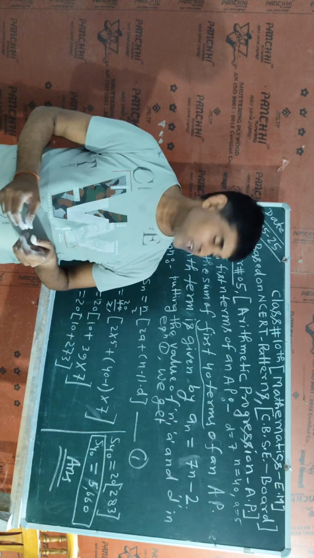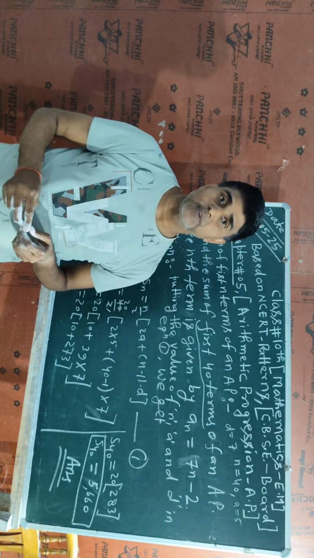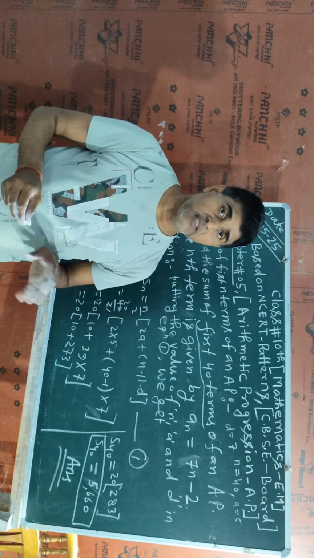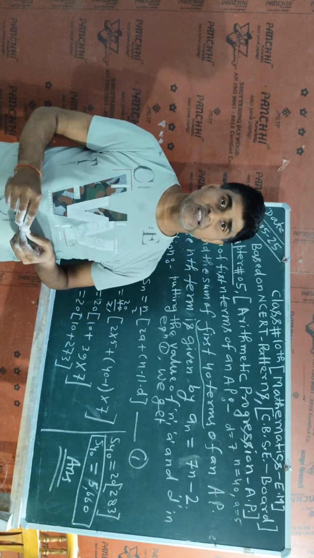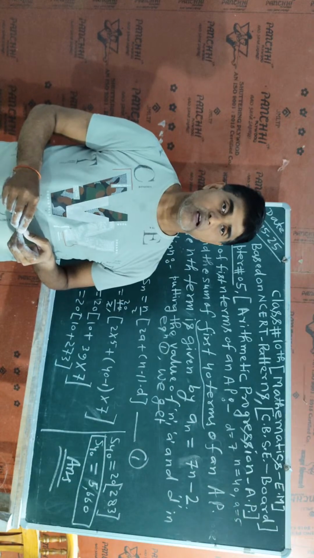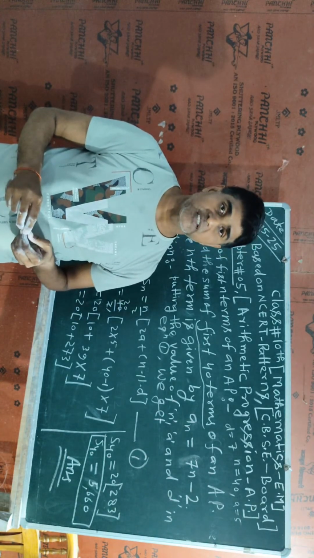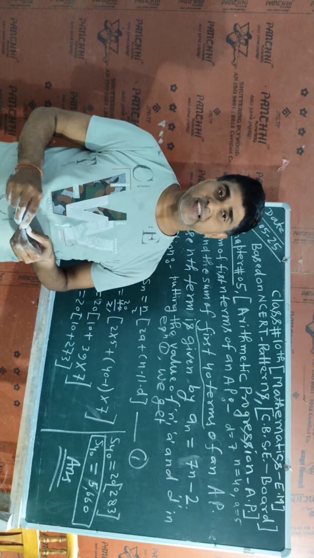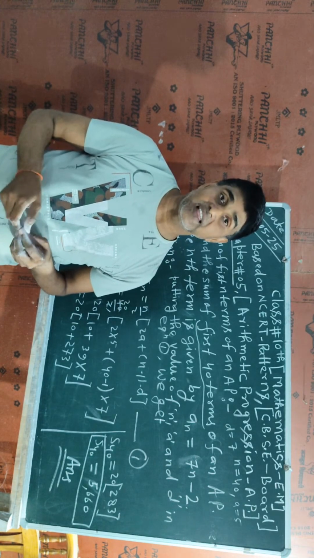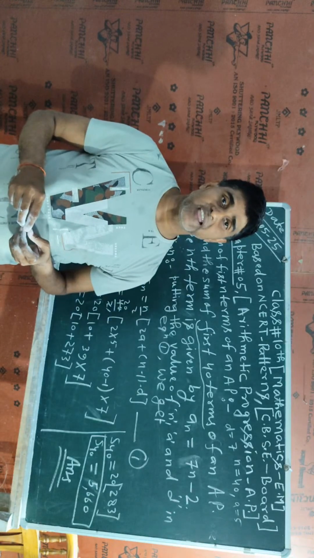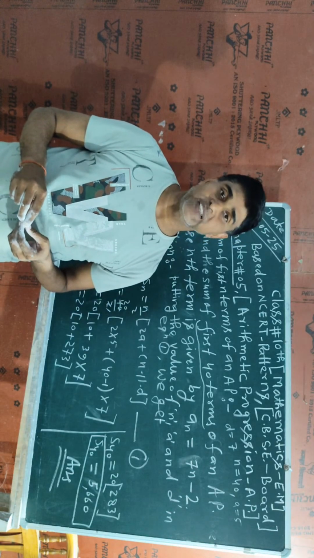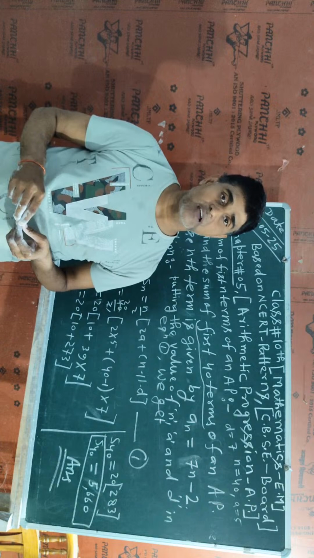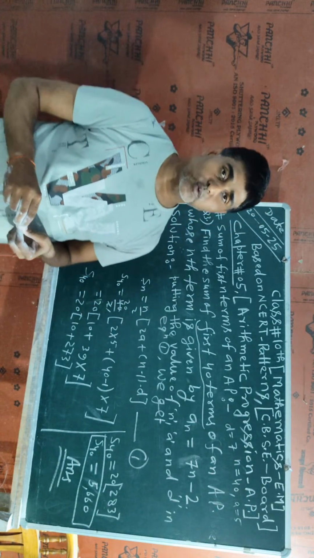If the given sequence is a list of numbers in arithmetic progression, then we get each next term by adding a fixed number, and that fixed number is called the common difference of the arithmetic progression.